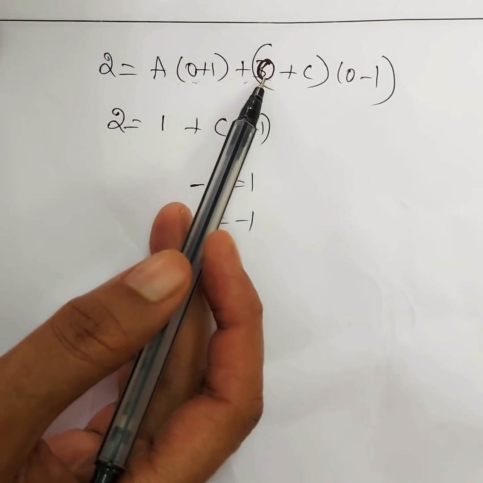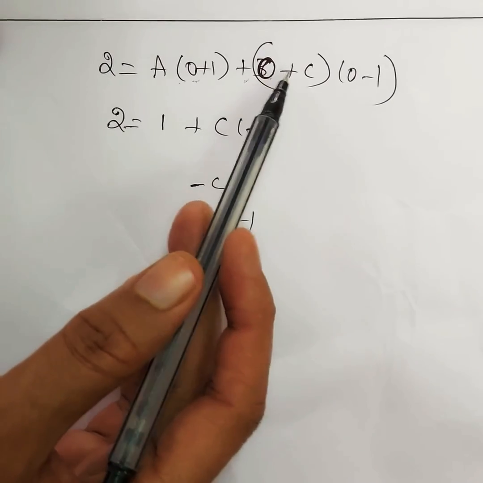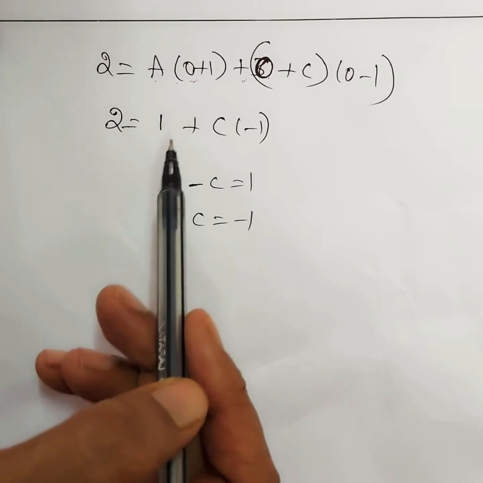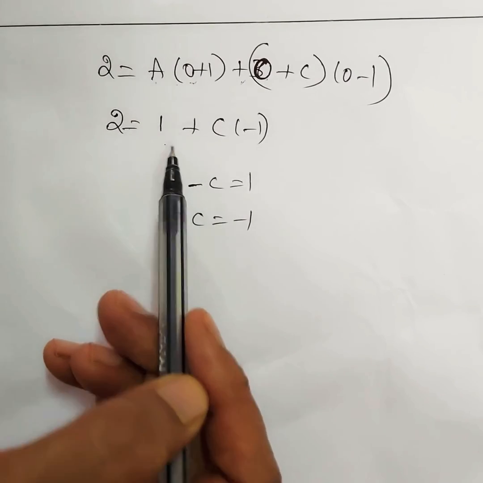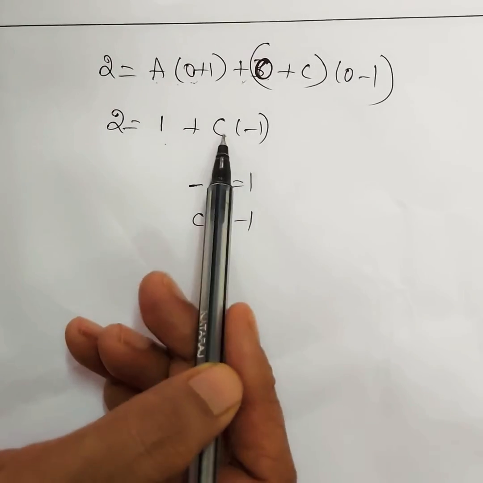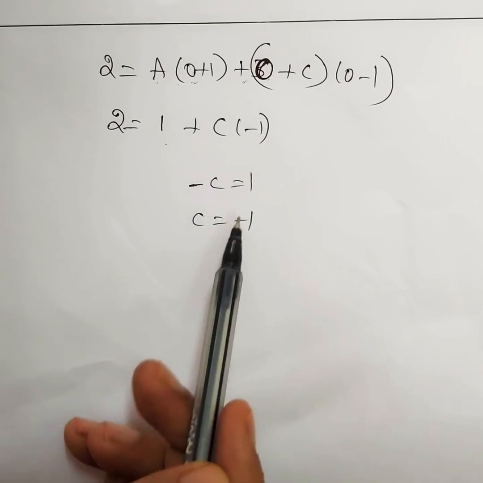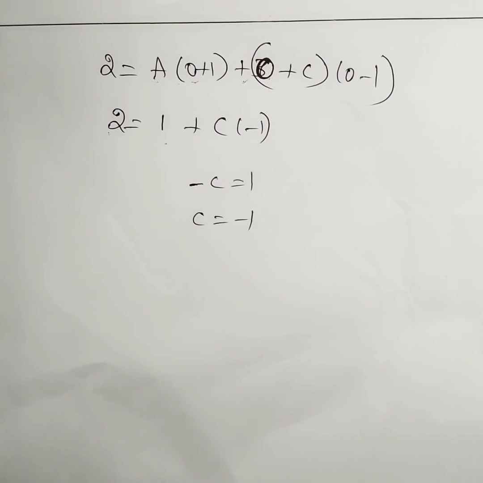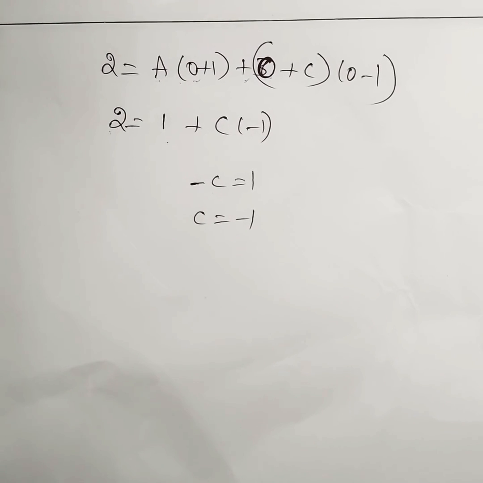In the place of z we are substituting 0, so B will become 0, plus C into (0 minus 1). We know A value is 1, so replacing it, 2 is equal to 1 plus C into minus 1. So minus C is equal to 2 minus 1, which is 1, therefore C is equal to minus 1. So we got A, we got C.